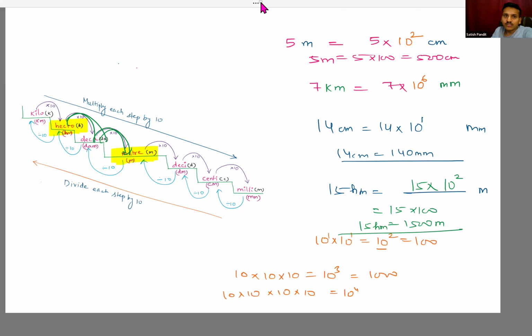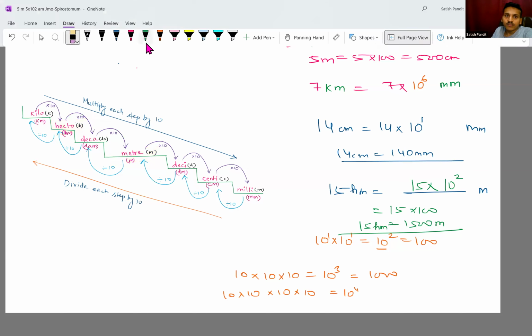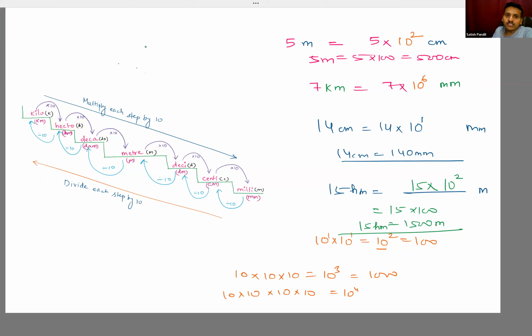Next question I'll ask here is, if you convert 15 meter to millimeter, what will be the answer?